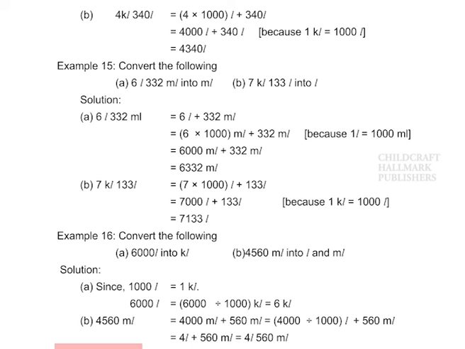Example 15. Convert the following: 6 liters and 332 milliliters into milliliter, and 7 kiloliters and 133 liters into liters.